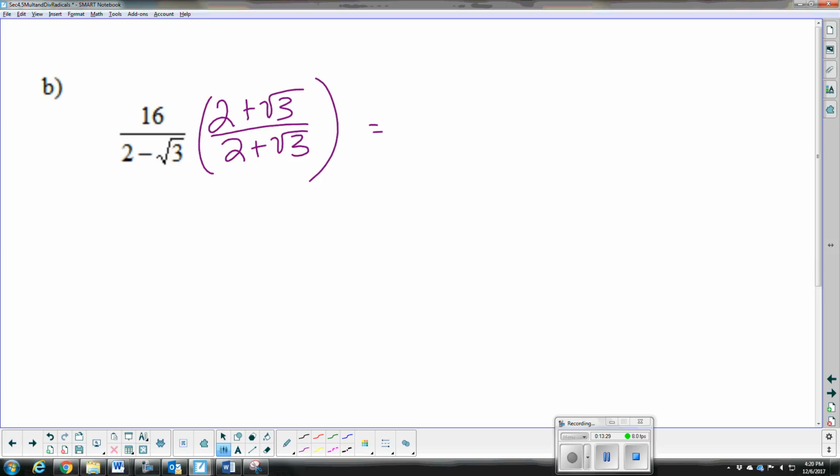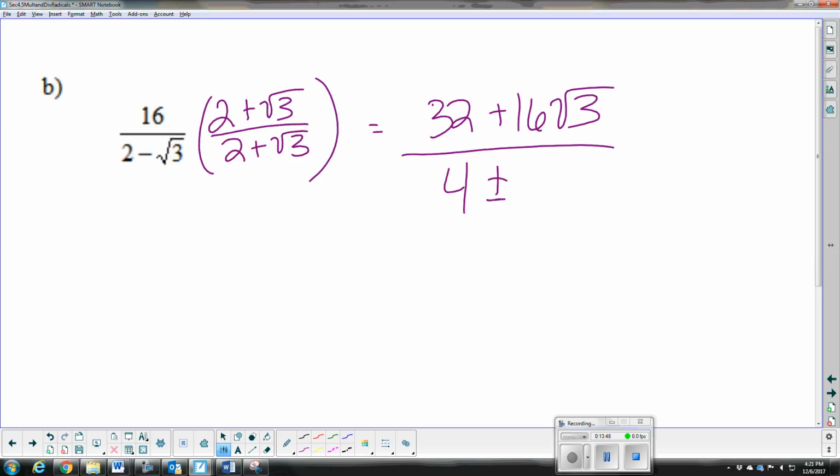So if we distribute 16 to the numerator, we've got 32 plus 16 times the square root of 3 over A squared minus B squared, which is 4 minus 3.